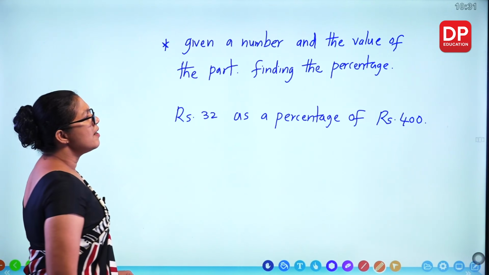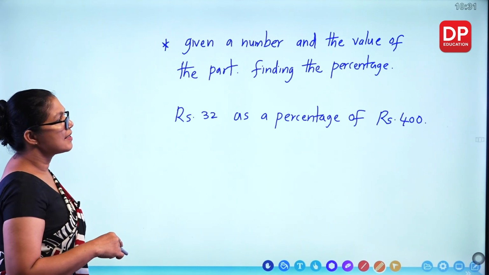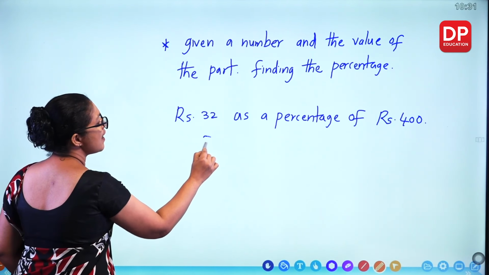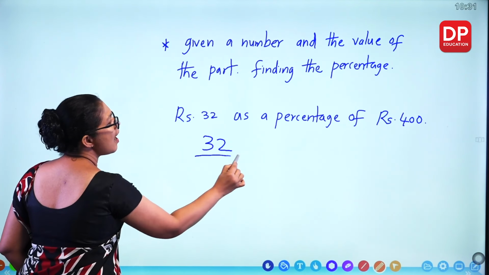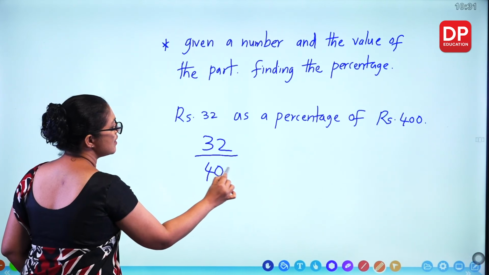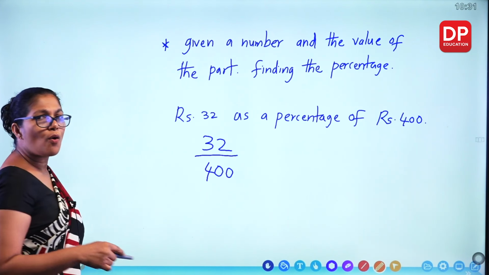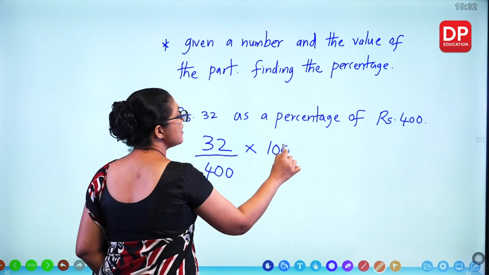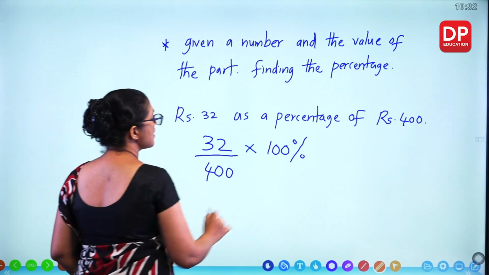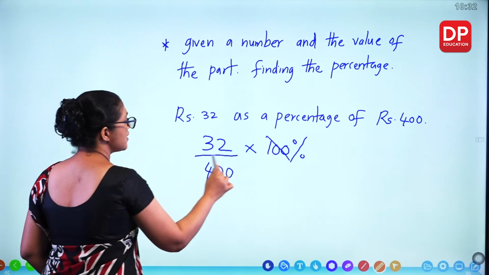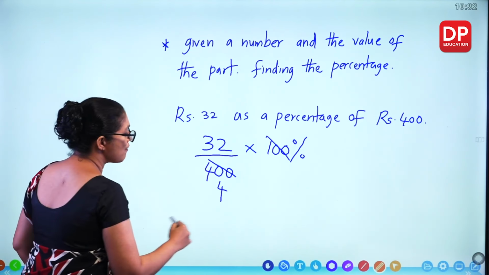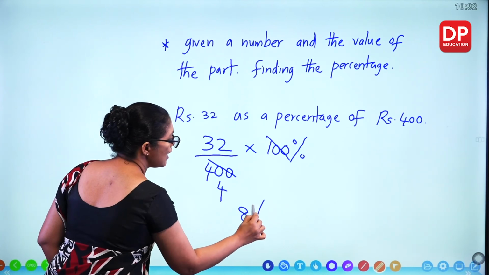So as a fraction, we can write 32 parts out of 400. How do we convert to a percentage? You multiply by 100%. So 100 into 400 is 4. 32 divided by 4, you get 8%.